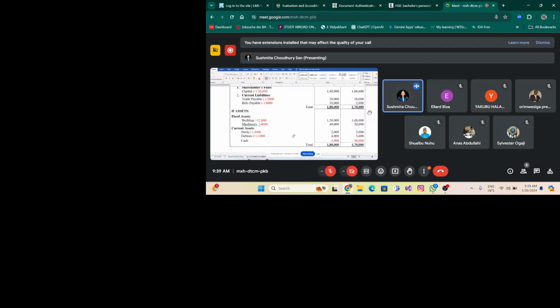All right. So here we have prepared the cash flow statement. Now the second one which we are going to study today is the fund flow statement, and how cash and funds are different.